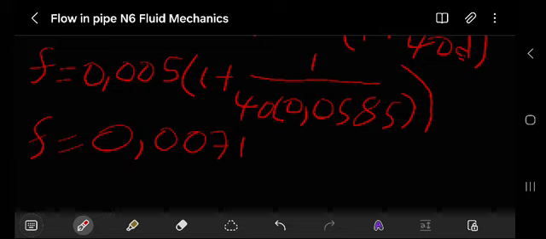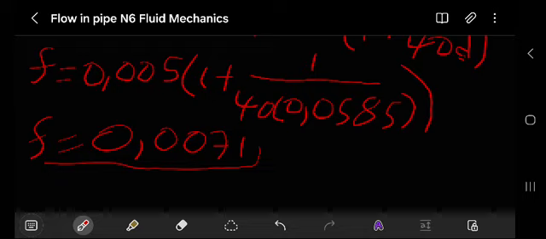That is the coefficient of friction. Now we have the coefficient of friction.